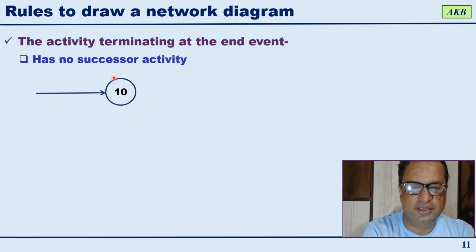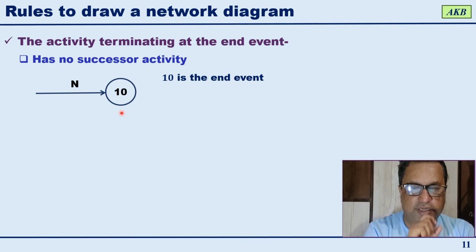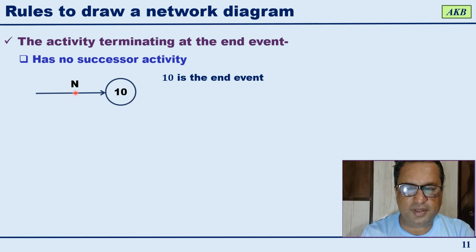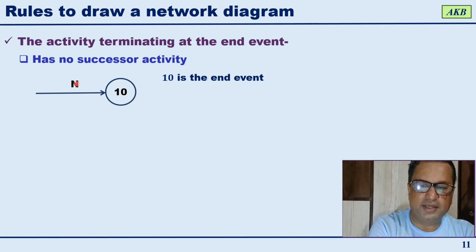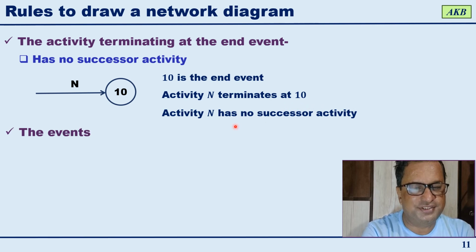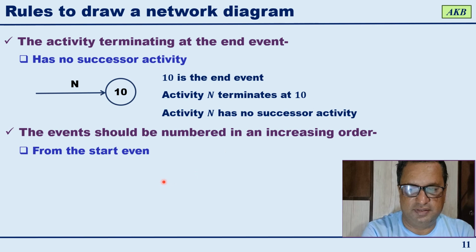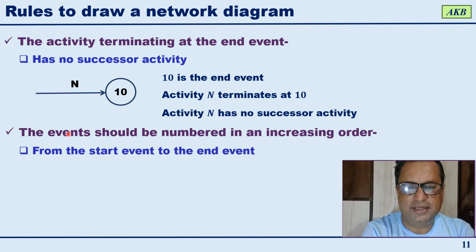For example, if activity n is terminating at event 10, which happens to be the last event in the network diagram, then n will have no successor activity. Okay. The next rule is events should be numbered in an increasing order.